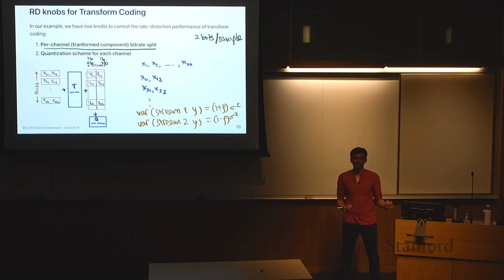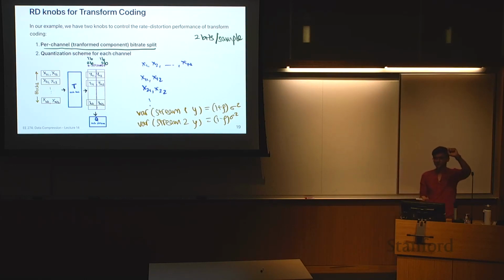For example, let's say you're a streaming service. In that case, you're going to play with both of these knobs. You're going to get lots of different compressed streams at different rates, and then you're going to choose the best one. Sometimes changing quantization is going to help you more, sometimes changing the block size of your transform is going to help you more, and so on and so forth.